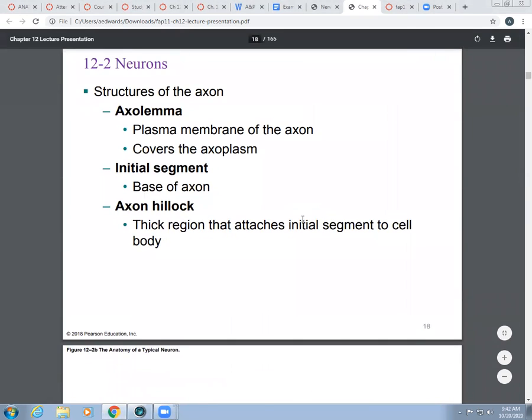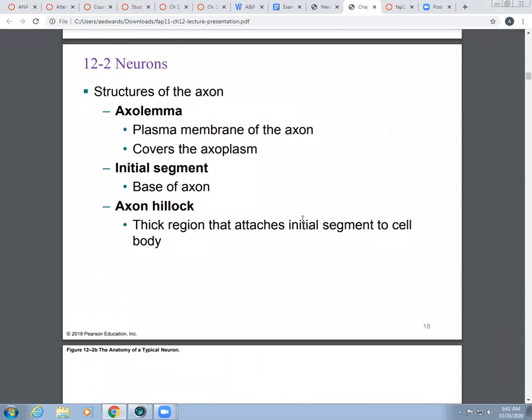All right, so in the axon, just like the cytoplasm is the axoplasm, the plasma membrane is the axolemma. Remember, in the muscle tissue, the plasma membrane was called the sarcolemma.